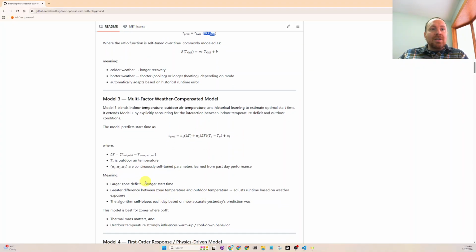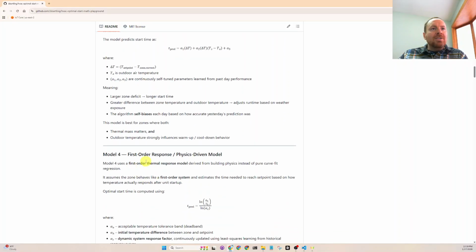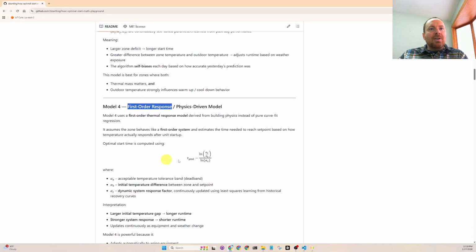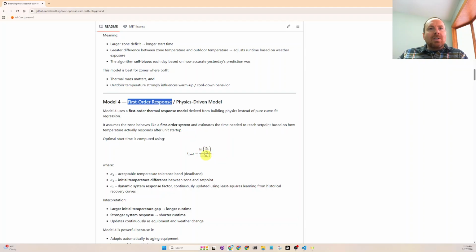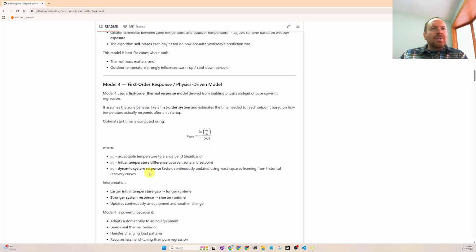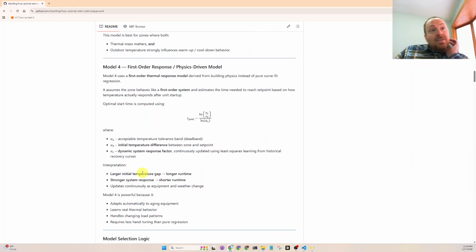So we've been studying this the last couple of bonus days added to the coursework generated by AI, and we were studying the matrix algebra from scratch. Now we're on to this Model 4, which is a first order response model with some log math defined in here. So let's look at this a little bit. We have this alpha A parameter, which is the acceptable deadband temperature tolerance.